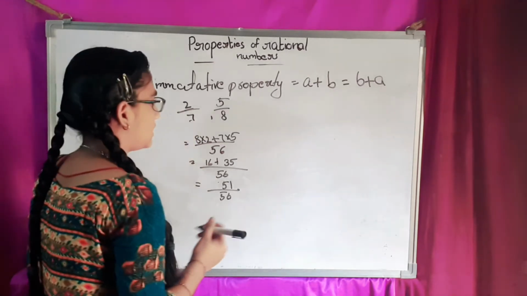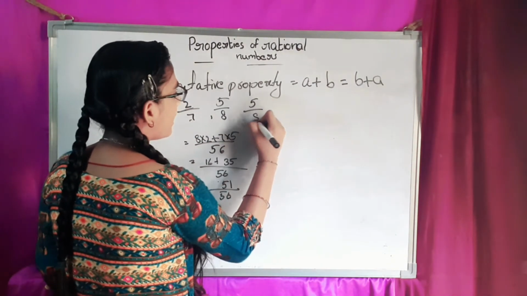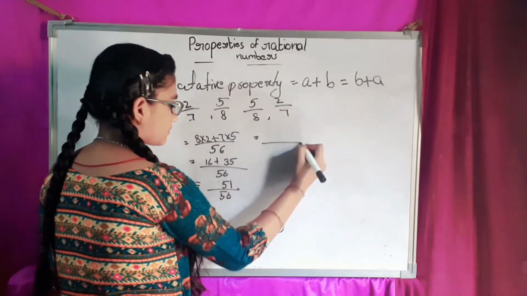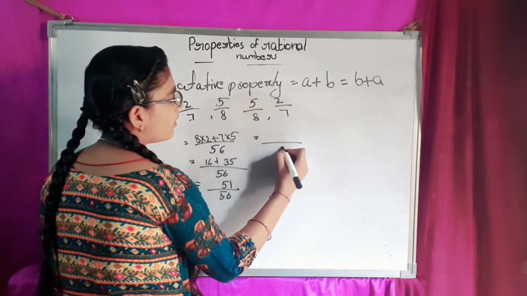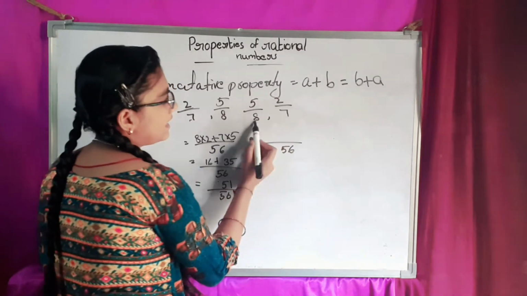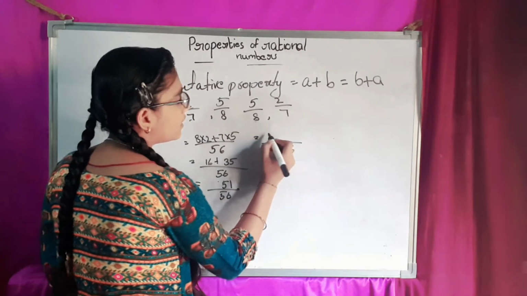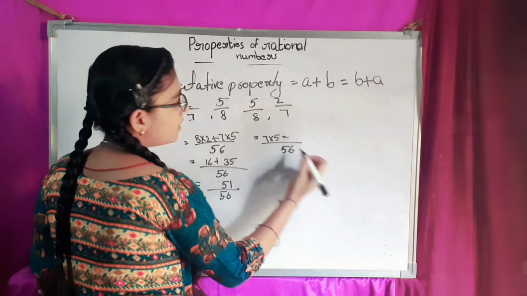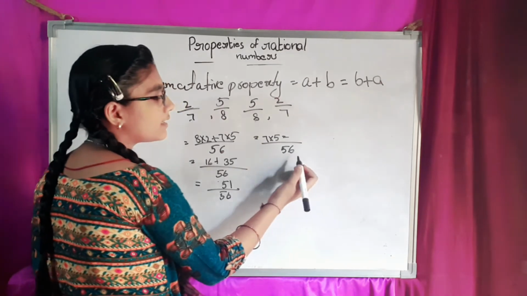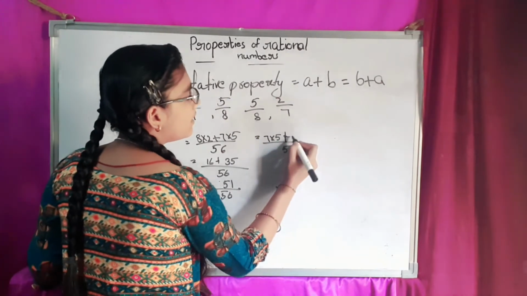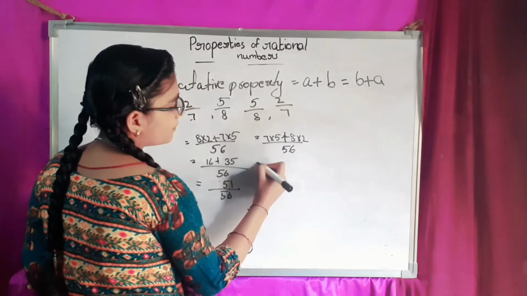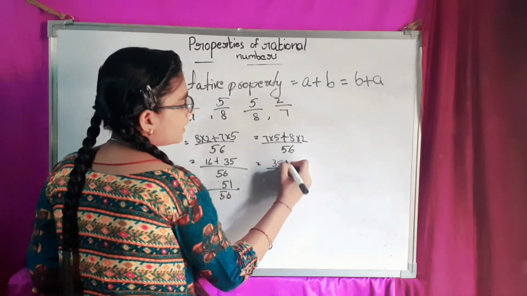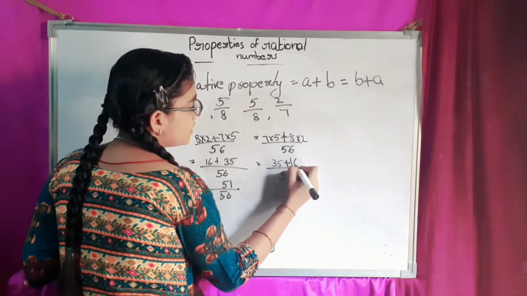If you reverse these numbers, we should get the same. We will do that now: 5 by 8 comma 2 by 7, and we add these two. For 8 and 7 also the LCM is 56. In the 8 table, 56 goes 7 times, so 7 into 5. In the 7 table, 56 goes 8 times, so 8 into 2. 7 into 5 is 35 plus 8 into 2 is 16.